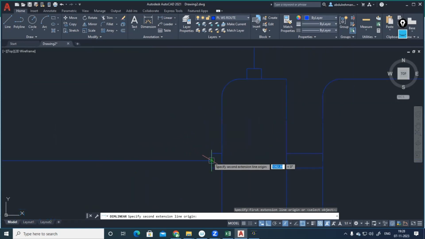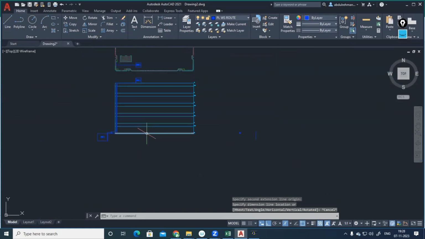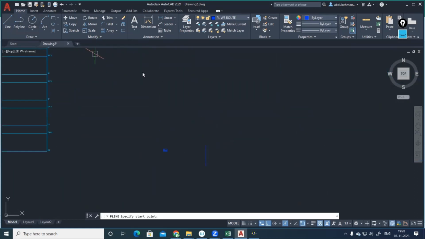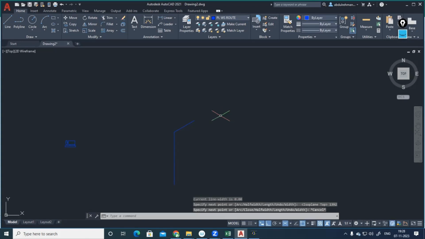Correct. What's the length there? There we have 1,392. So from this point, I'll make my pipe like this, 1,392. And there, here I'll have my pump.